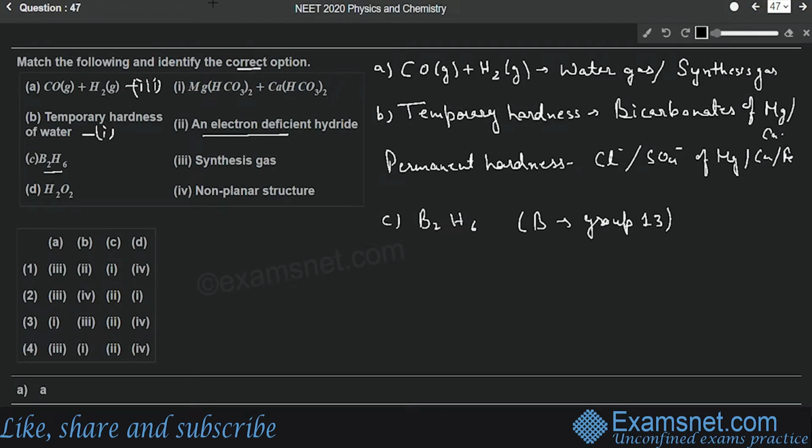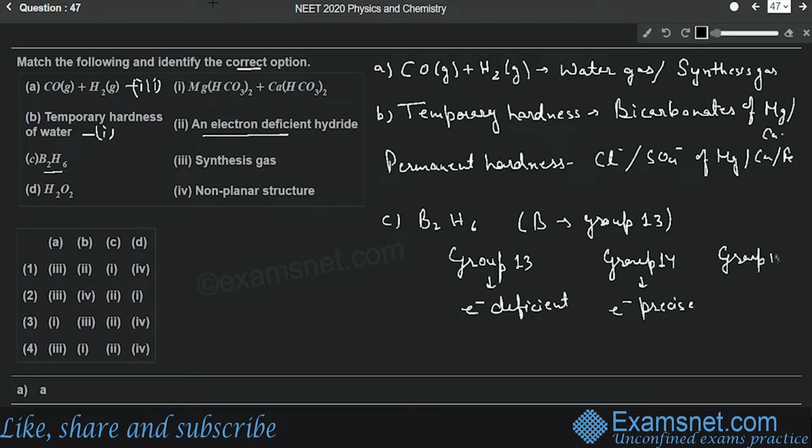So all the elements belonging to group 13 will form electron deficient hydrides. Group 14 elements will form electron precise hydrides, and all the elements belonging to group 15 and more will have electron rich hydrides. So the correct match for C will be number 2.